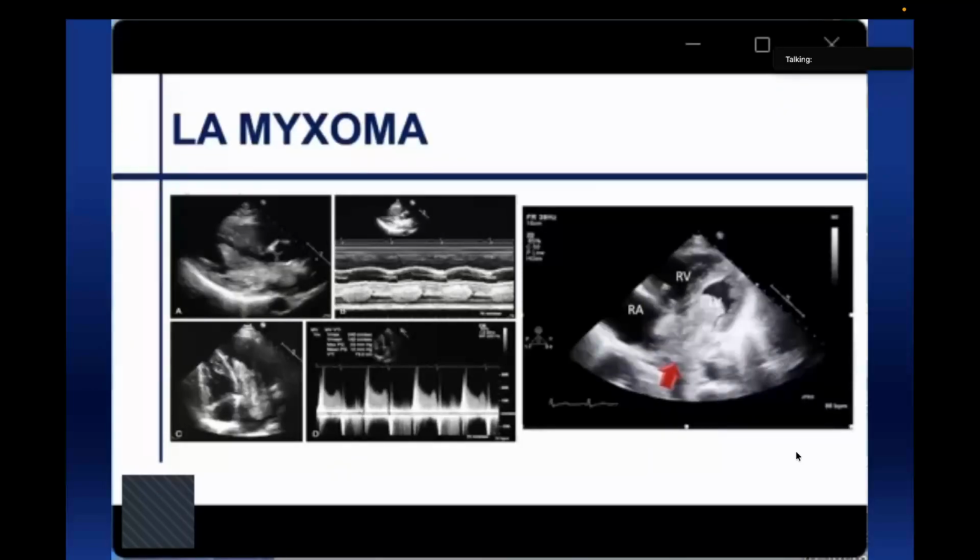Then D shows the transmitral gradients, where there is mitral stenosis, as shown by your color Doppler, with peak and mean gradient of 23 and 12 millimeters of mercury. So there is an LA myxoma here.